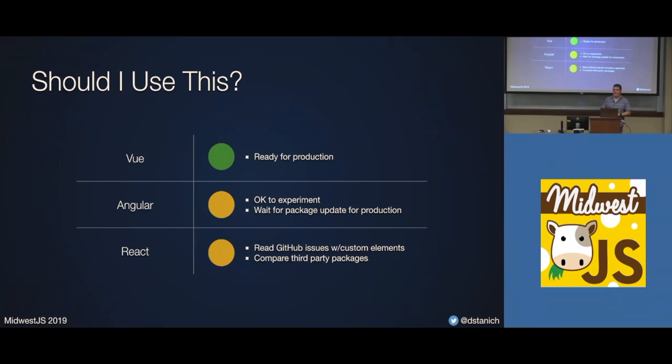It's fine to experiment. Eventually it'll be supported, but it's not really for production yet, unless you're using it inside of another Angular app. Vue, like I said, is fine for production. It's supported. With React, you can use it for production, but I would make sure that you understand the limitations you're getting into from that custom elements everywhere website, and then compare the third-party packages.